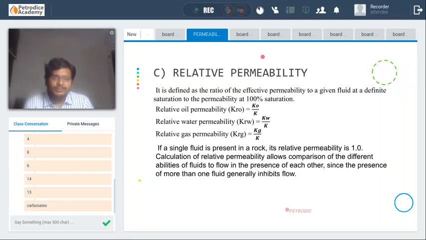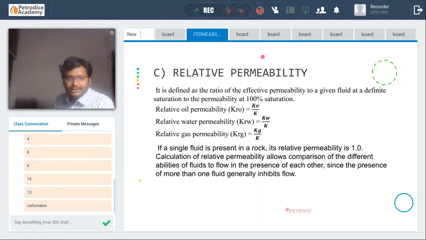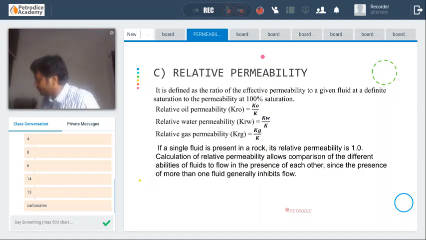So how is relative permeability defined? Relative permeability is defined for each particular fluid: relative oil permeability, relative water permeability, relative gas permeability. Relative oil permeability is defined as the ratio of effective permeability of the oil to the absolute permeability. Relative permeability of water is defined as the ratio of effective permeability of water to the absolute permeability.